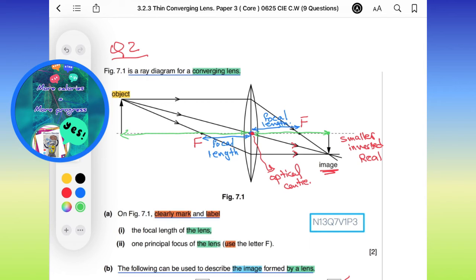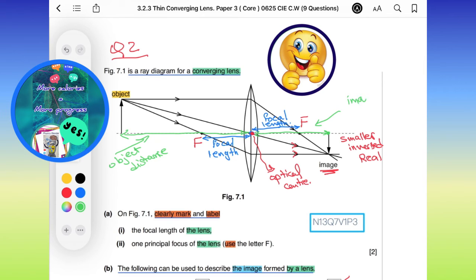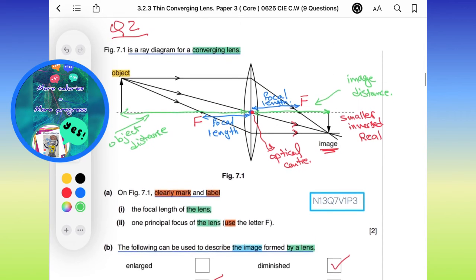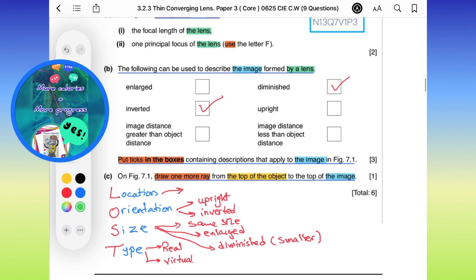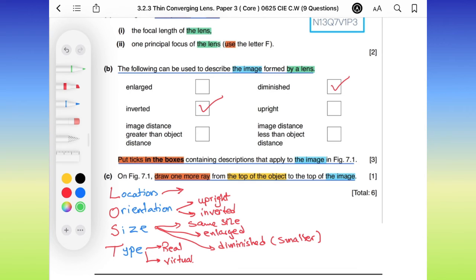This distance is called the image distance, and this one is called the object distance. It's clear from the diagram that the image distance is less than the object distance.